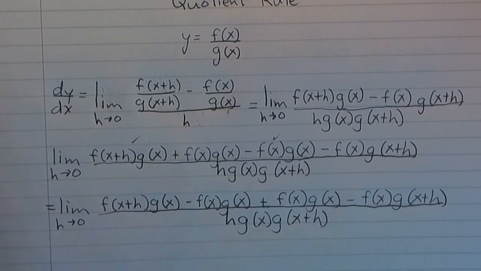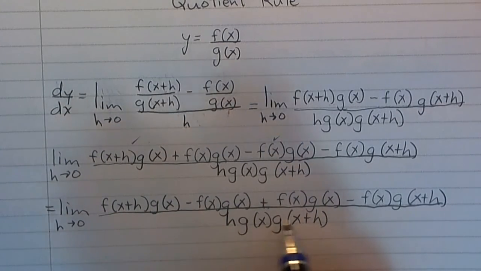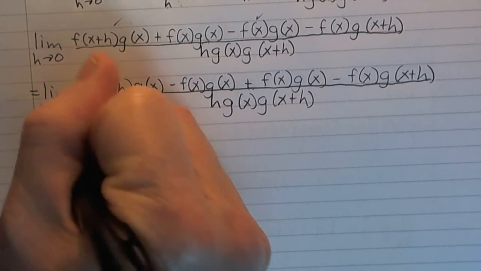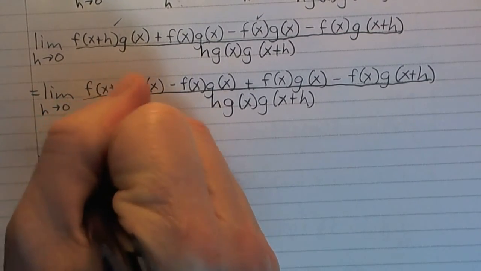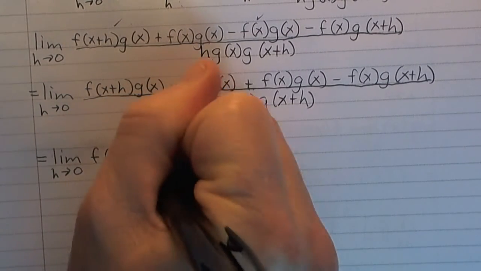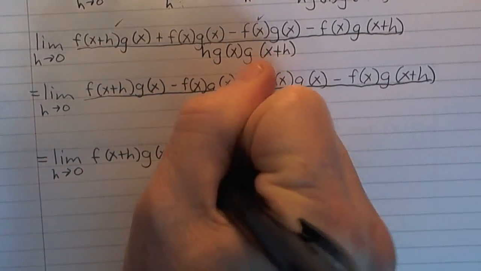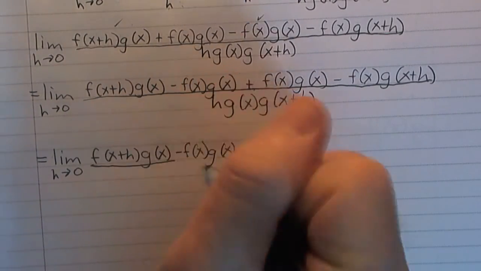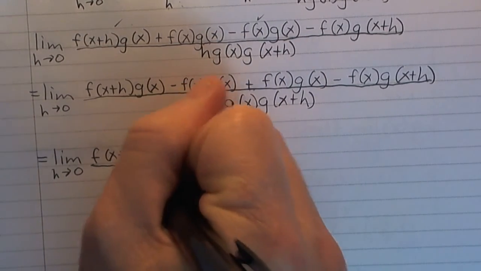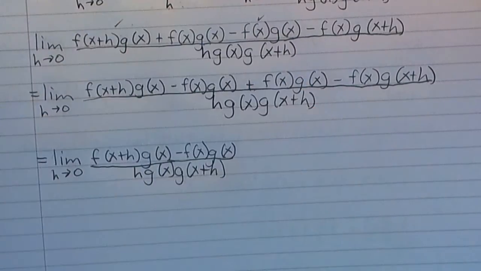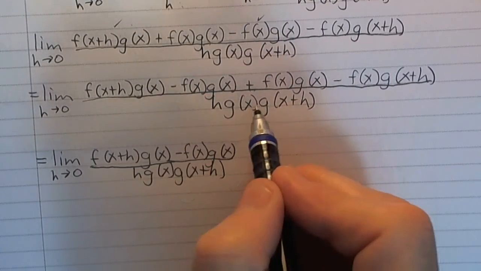Now I'm going to give each one of these its own limit. Notice I've got the same denominator, so I'm just going to split up the fraction. I've got the limit as h goes to 0. I'm taking f of x plus h, g of x, minus f of x, g of x, and putting that all over the denominator. So I took this first part and put it over this.